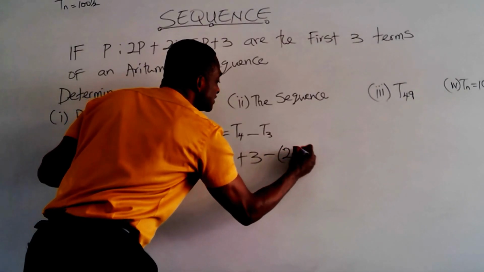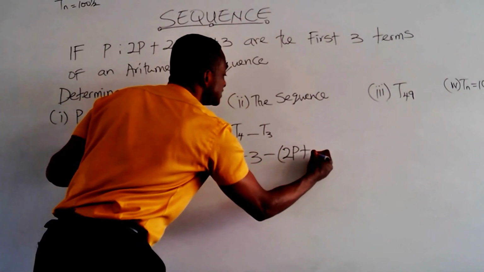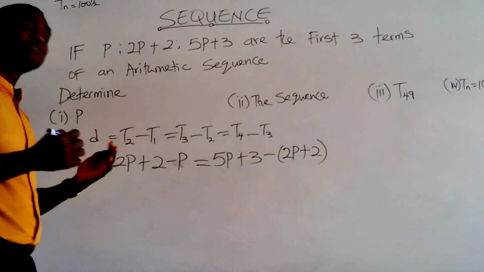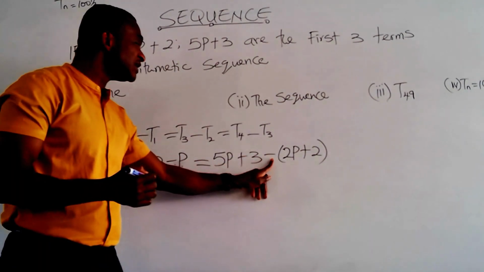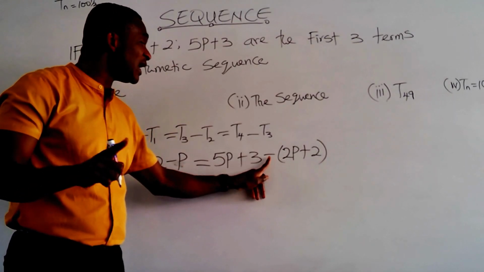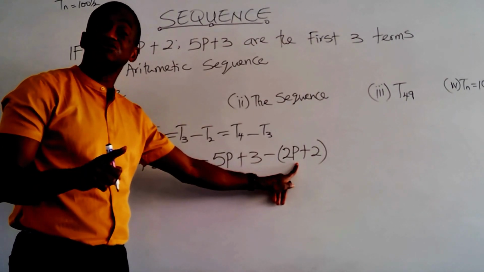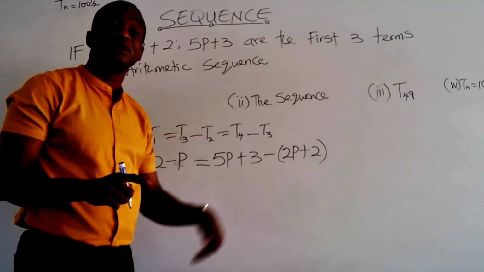Please always put this in brackets if they have more than one term, so that it doesn't change the sign. Because if you don't put it in the bracket, you may end up allocating negative 2 to only 2p, whereas it belongs to everything.